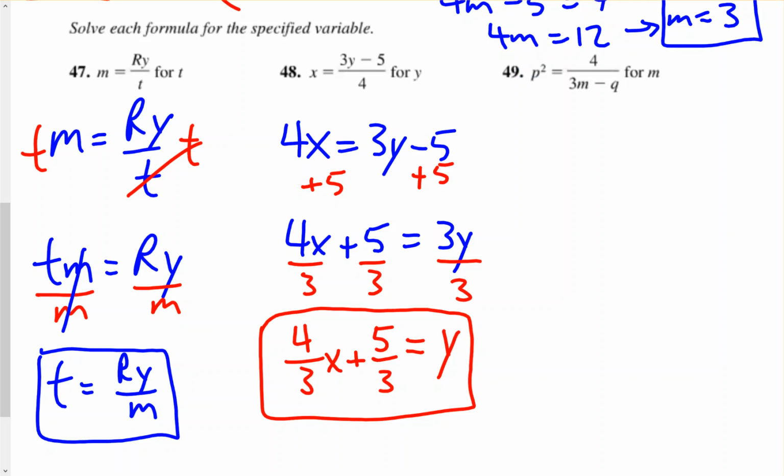Okay, let's take a look at 49. We'll try and get the m by itself. Okay, so we have p squared equals 4 over 3m minus q. Let's multiply both sides by 3m minus q.